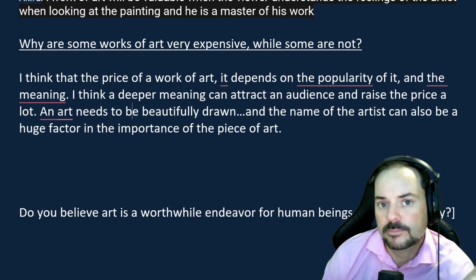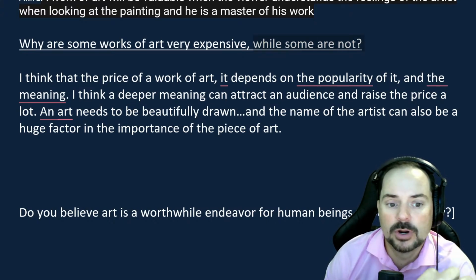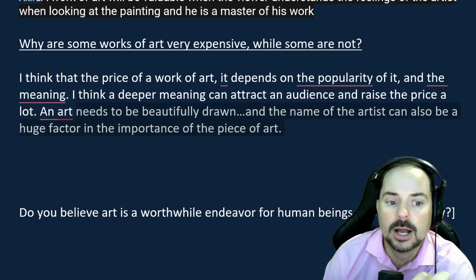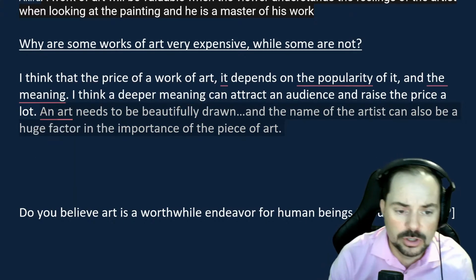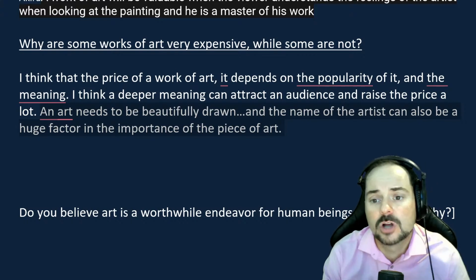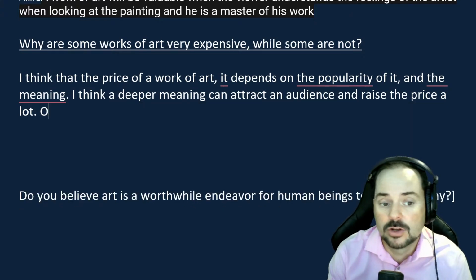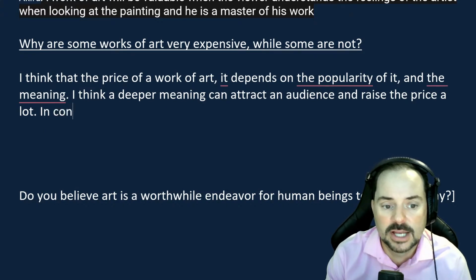Instead of that information, you should have answered while some are not, right? So here you could have given an example, or well, we can save the example for the end, but we need to talk about why some are not, right? So on the contrary, or in contrast, right? You need a good connective here.